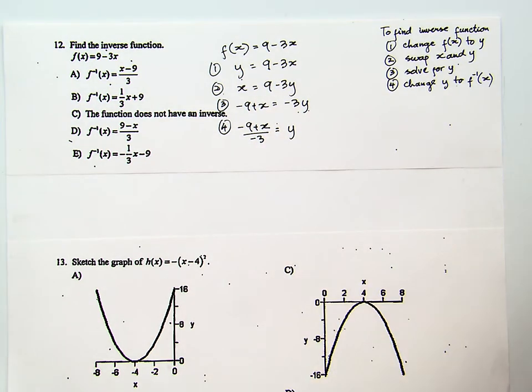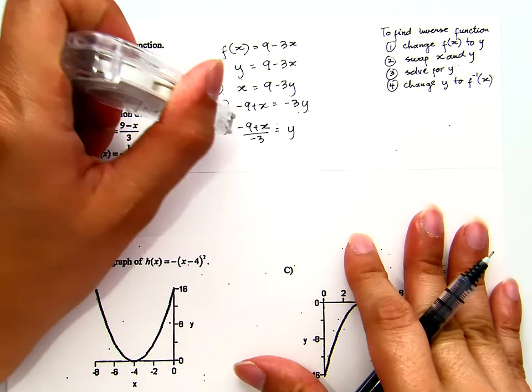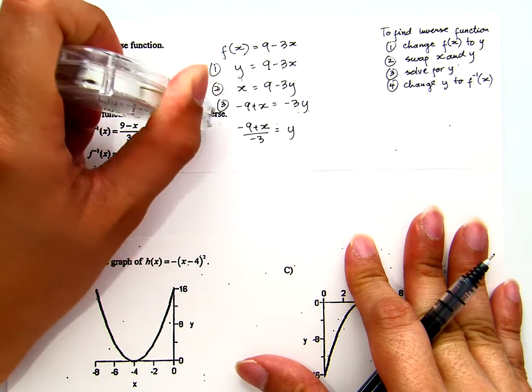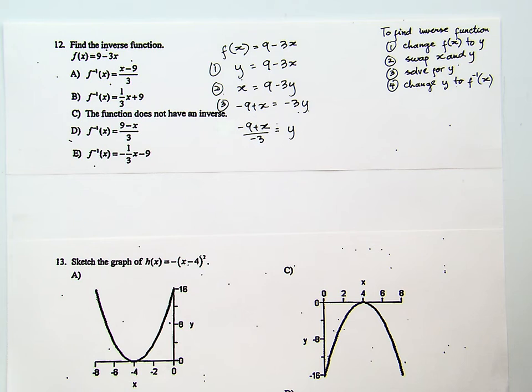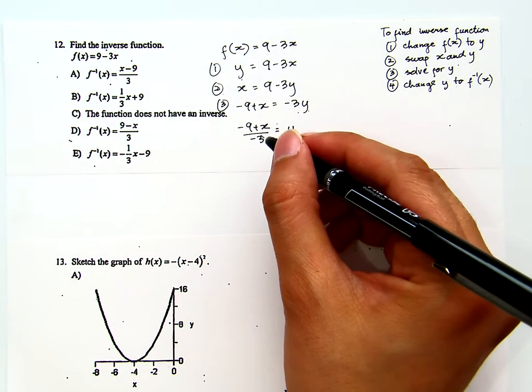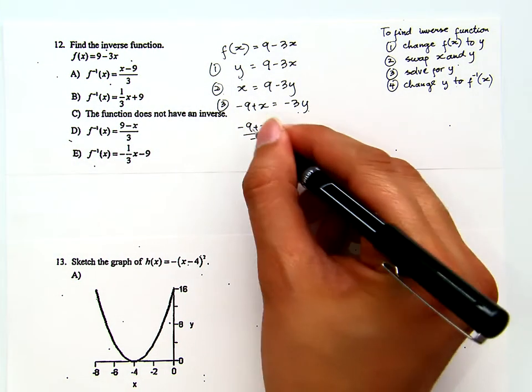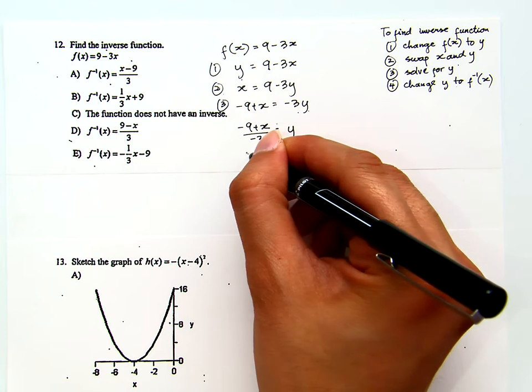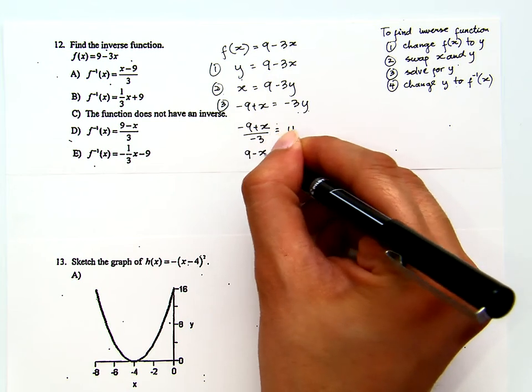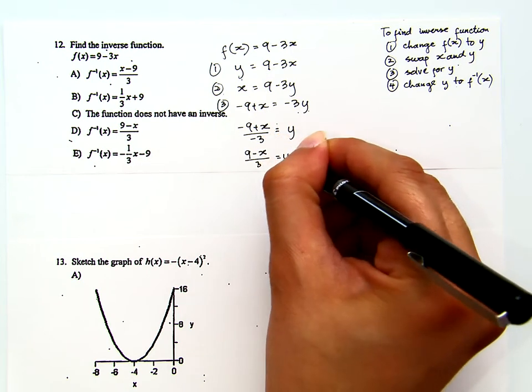No, hold on, this is not step 4 yet. I'm still solving for y. Let me divide by negative, so on the top I will have 9 minus x over 3 equals y.